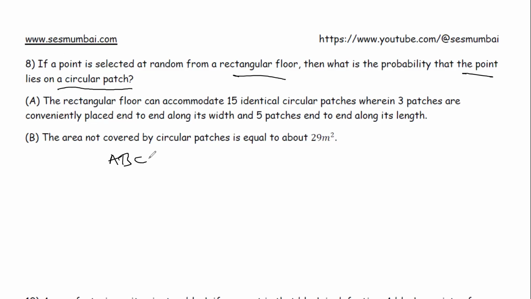A, B, C, D, E. Statement A. Rectangular floor can accommodate 15 identical circular patches wherein 3 patches are conveniently placed end to end along its width and 5 patches end to end along its length.